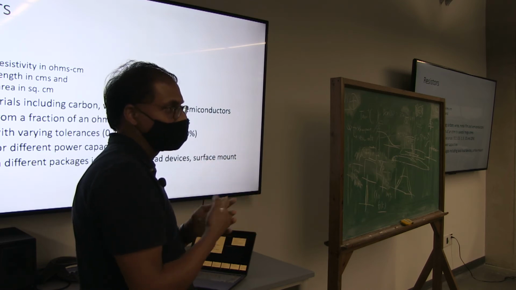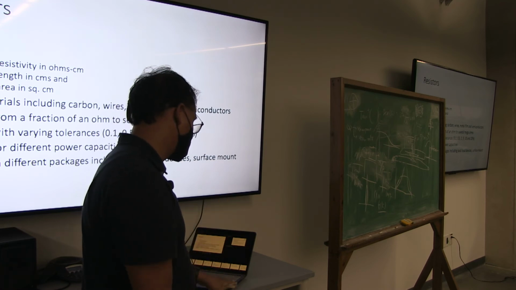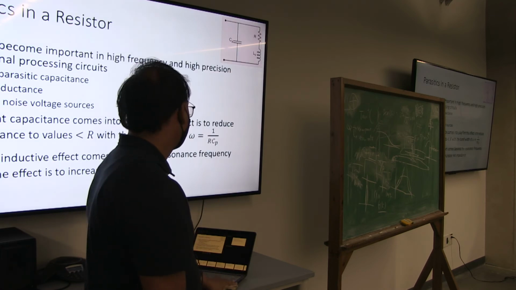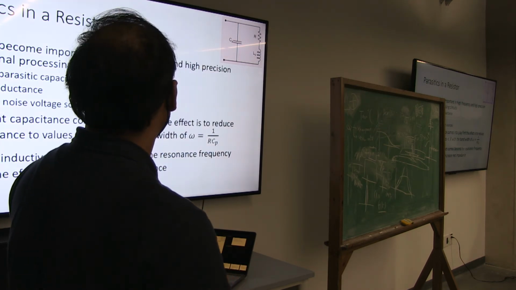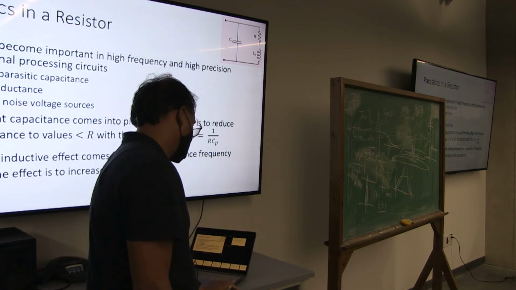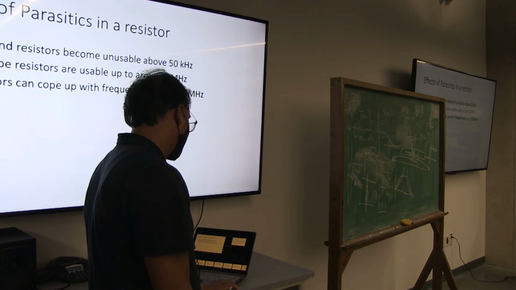It takes up a lot of area, and we should be careful whenever using a resistor. All devices come with parasitics, so we should be aware of what kind of parasitics are important and how we should overcome them.